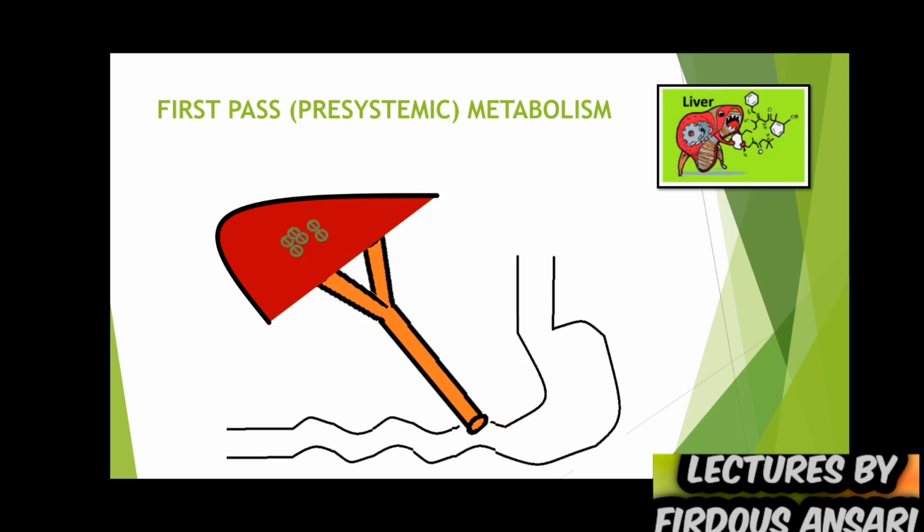In the liver, few drugs may undergo metabolism as such. So before distribution only, the drug is getting metabolized in the liver. That's why it is known as first pass metabolism, or the pre-systemic metabolism. Whatever is left over will now enter into the systemic circulation.